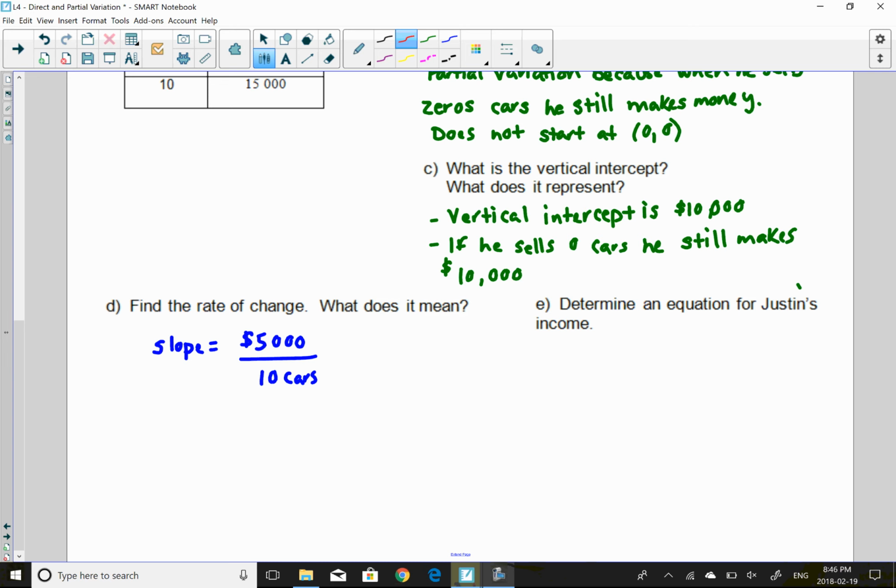So 5,000 divided by 10, that's $500 per car. So this means that for every car he sells, he makes 500.